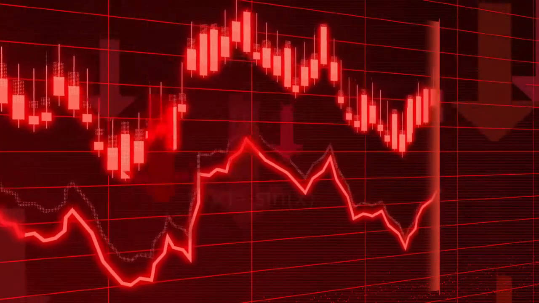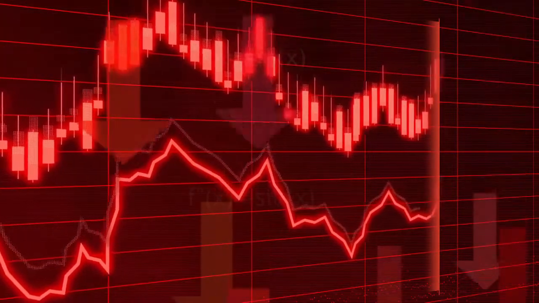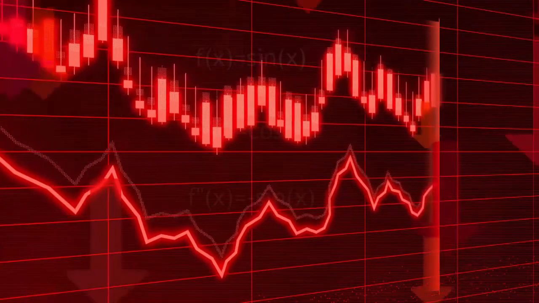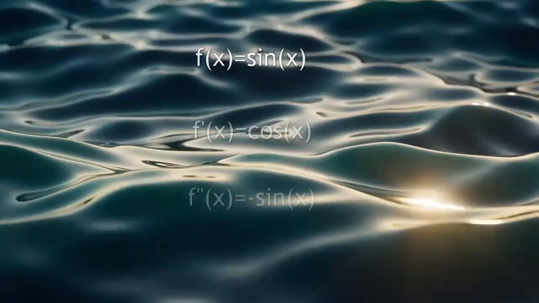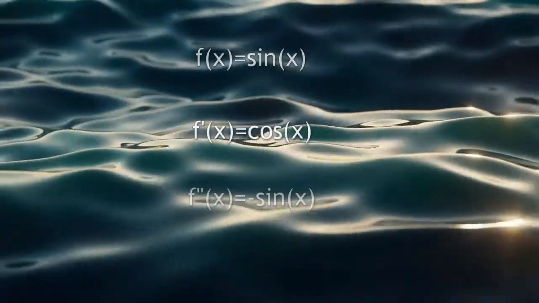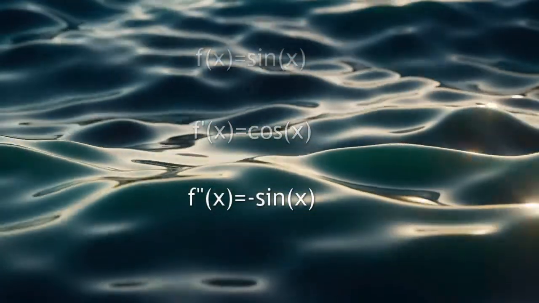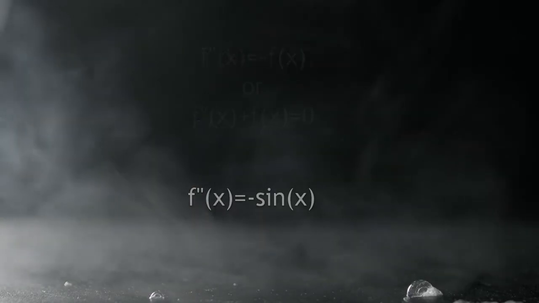Now, although differential equations are often used for things that we have difficulty modeling, that's not always the case. For example, we could just take the sine function. Let's say f of x is equal to sine of x, and then its derivative f prime of x is equal to cosine of x, and then its second derivative f double prime of x is equal to negative sine of x. But f of x is equal to sine of x.